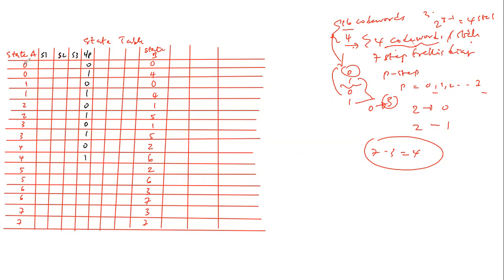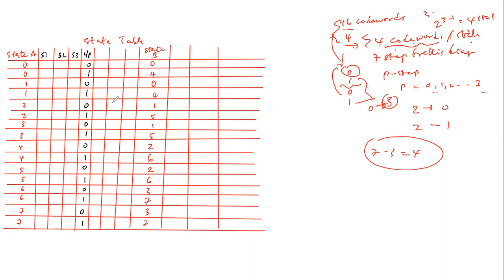So from this step, we can either emit a 0 or 1. In step 2, we can either emit a 0 or 1. In step 3, we can emit a 0 or 1. In step 4, step 5, step 6, and step 7, we can emit a 0 or 1. Okay? Good.